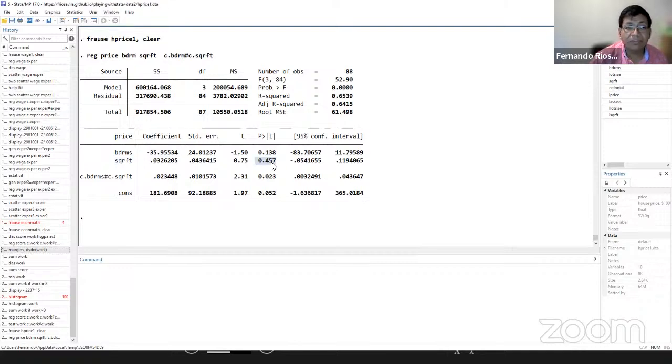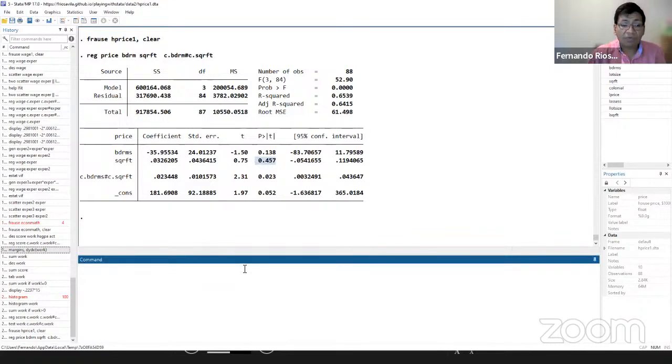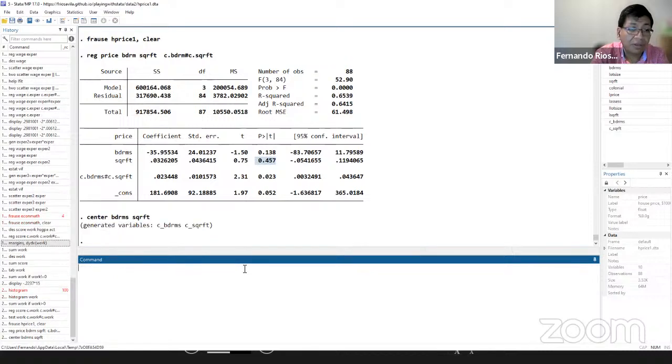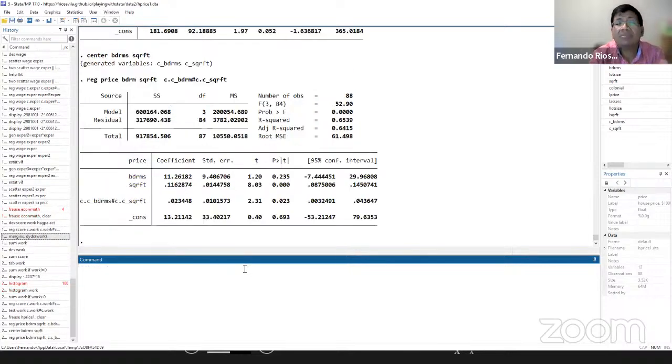So as I mentioned before, we should first center the variables. So I can use the command center, bedrooms, square feet. We created these two additional variables that I'm going to use only for the interaction. And now we have results that are more sensible, or at least closer to what we would expect.